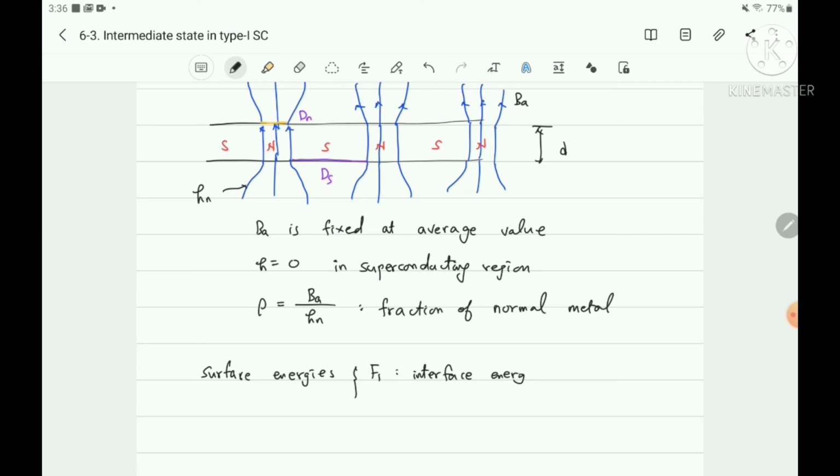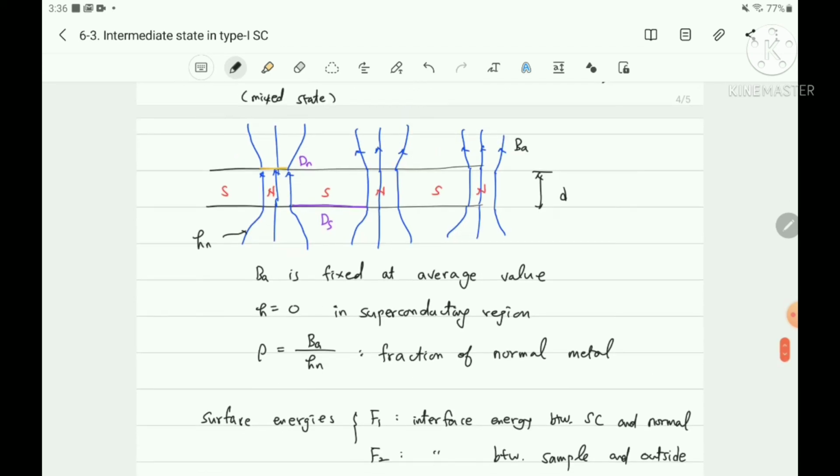And F2 is the interface between the sample and the outside. For example, the interface energy between superconducting and normal state is F1, and the interface between the sample and the outside, where there are two outer surfaces, we call F2. It is a surface energy.